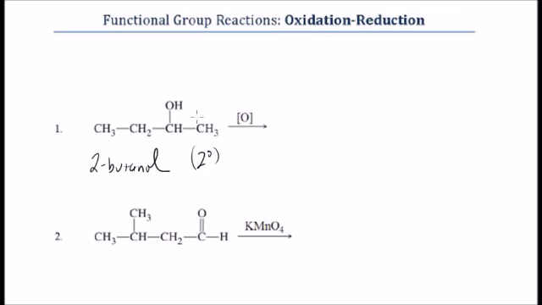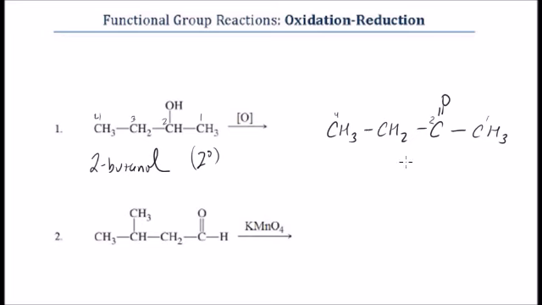So let's make sure we keep things all labeled. 1, 2, 3, 4. The 4th carbon and the 3rd carbon are going to stay the same, and that 2nd carbon is going to have C double bond O, and then we go to the 1st carbon. Let's make sure that we have 4 bonds for every carbon, so 3 hydrogens and a bond here. 1, 2, 3, 4 for that, 1, 2, 3, 4 for that.